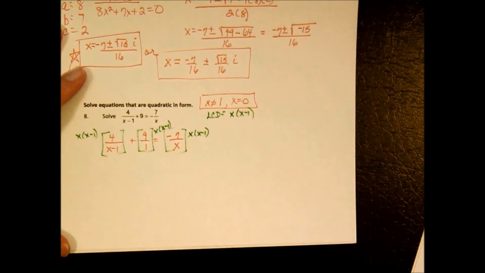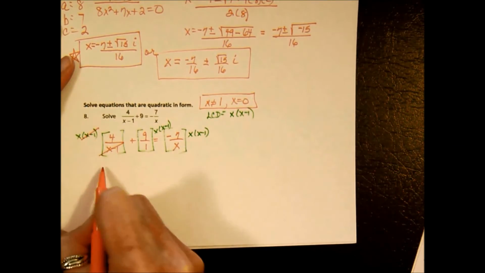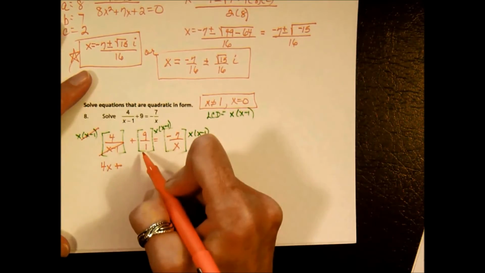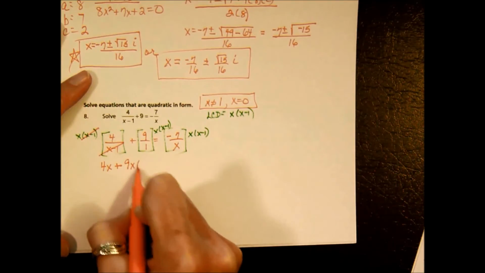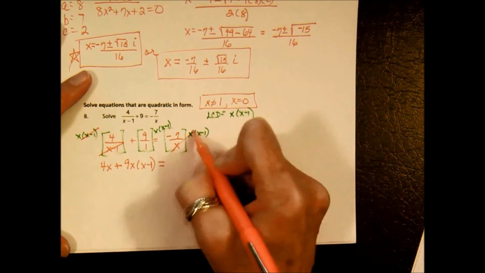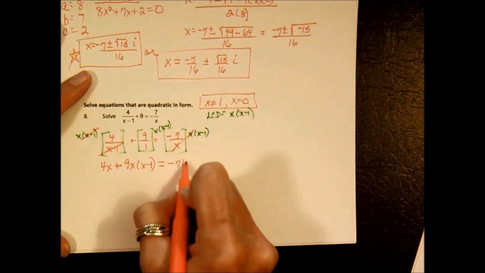And the reason you do that is because it will cause those denominators to cross cancel. So those cross cancel, and I'm left with 4x plus, nothing cross cancels here, so I have a 9x times an x minus 1, we'll distribute shortly, equals negative 7 times x minus 1.